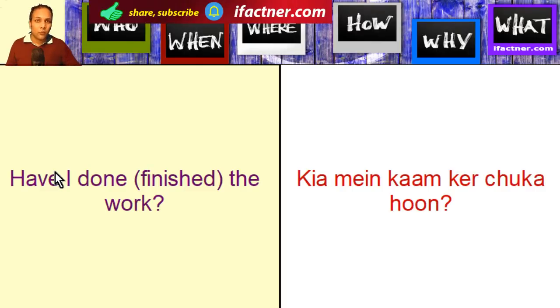And for had, we start the sentence with kya and end it with chuka tha, chuki thi, etc. Let's start our lesson and learn to ask 40 questions in Hindi and Urdu.